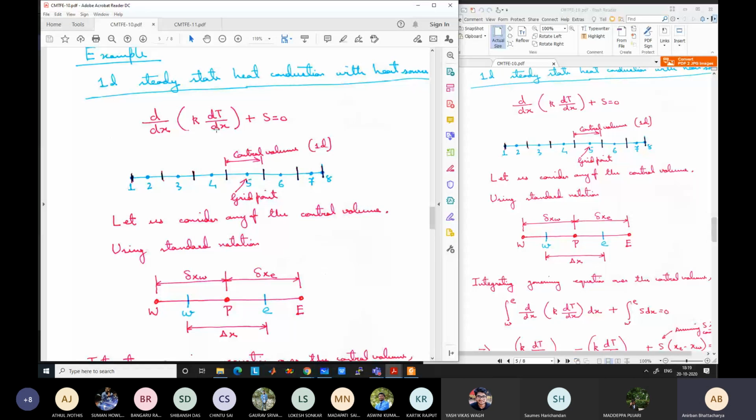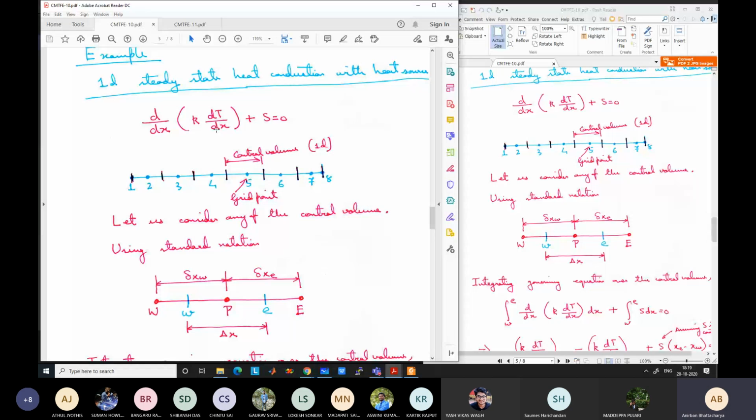Although we are writing in terms of temperature, the same thing can be written in terms of composition like chemical composition or any other variable. We can write this as d/dx of gamma d phi/dx plus some source term. This is the general diffusion equation with source term, where there is a flux. Here the flux is heat flux, but it could have been mass flux or some other flux.